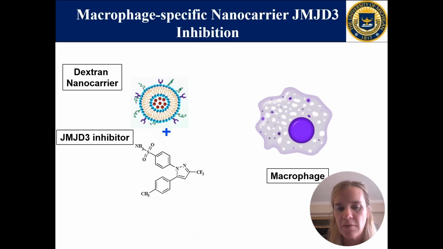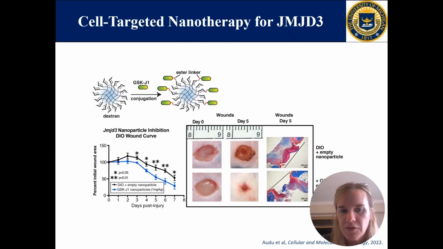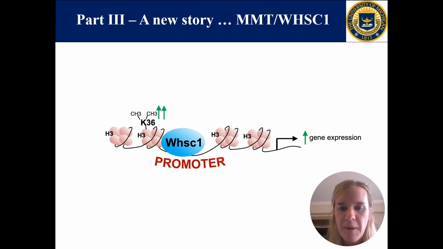So by decreasing JMJD3 with this inhibitor in the macrophages specifically, we can cause them to move toward a more reparative phenotype and a less inflammatory phenotype. So we decrease the inflammation here. So this is just one example of using cell-targeted nanotherapy with these epigenetic enzymes to target these pathways.